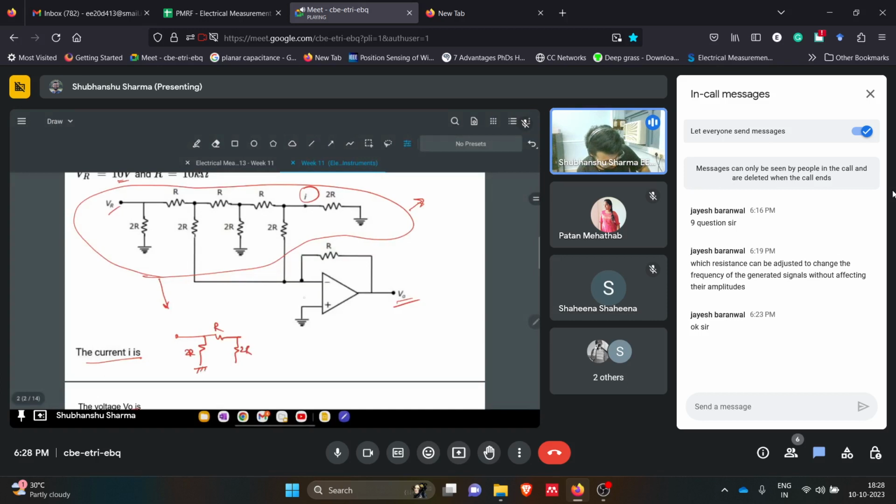So this is a virtual short, so this also is kind of grounded. Okay, 2R, 2R, this is R, 2R. So if we see just this circuit, then what is this? This is R.